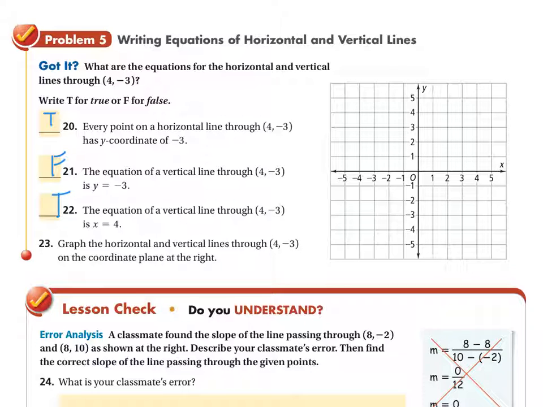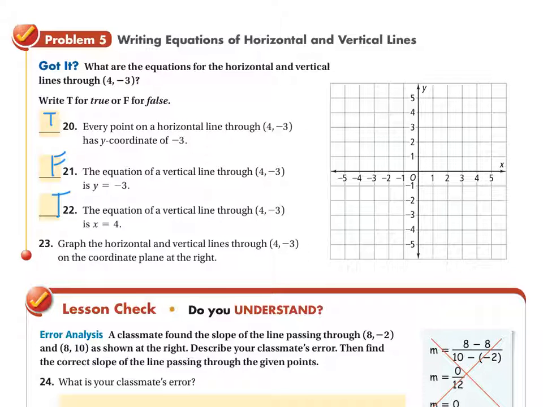So the point 4, -3 is down here, and a horizontal line through that point goes this way. And a vertical line through that point goes this way.